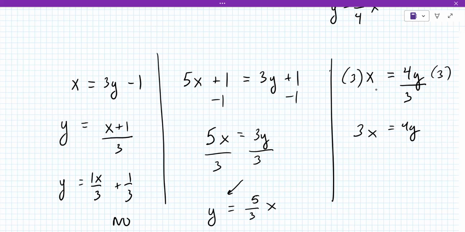What did you do in the previous problem? How did you undo this 3 in front of the y? Divided by 4. Yes.